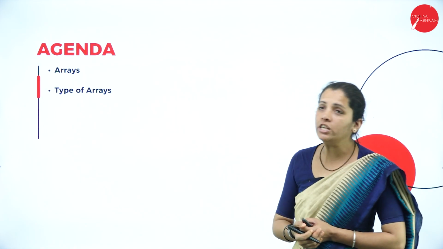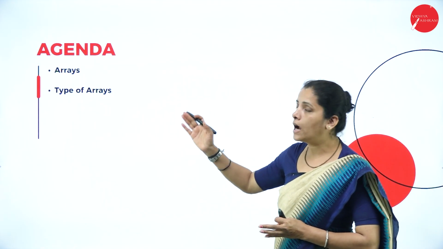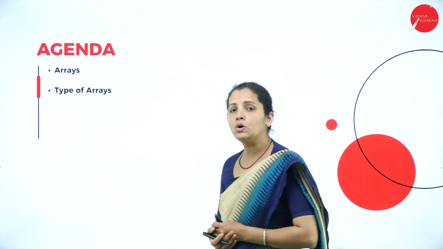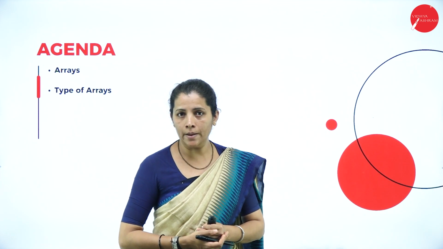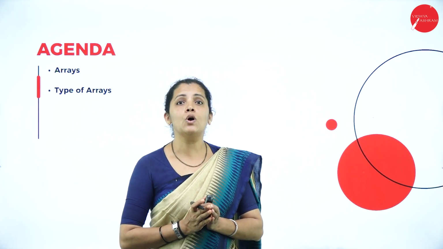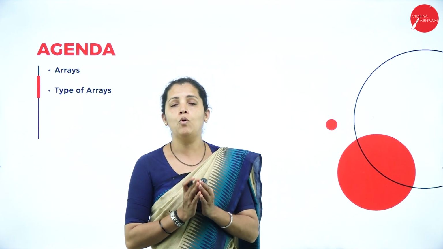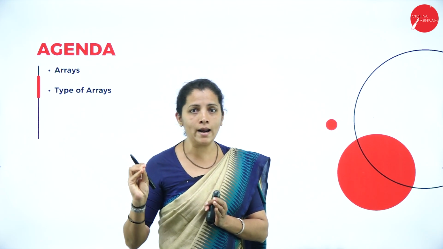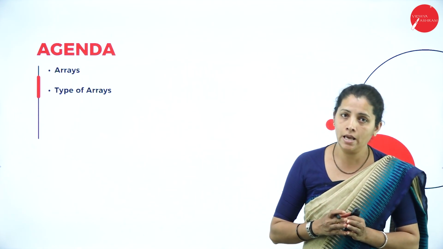But in my today's session, I'm going to deal with arrays as well as types of arrays. So what is array and why do I want to use array? Array is nothing but the collection of homogeneous element. When I want to hold only one value, then I'll go with the variable.